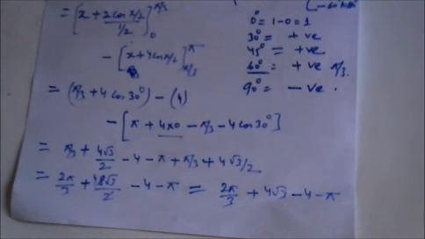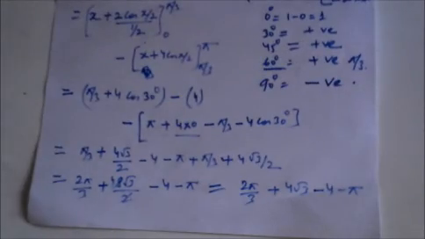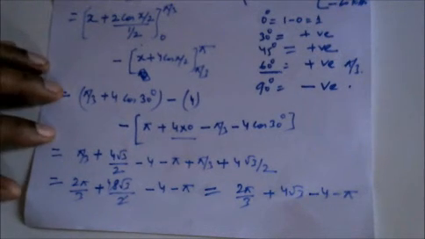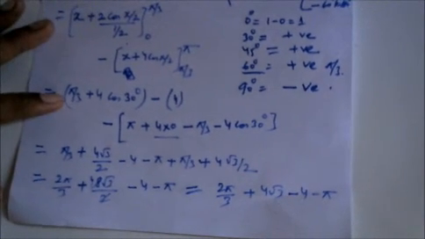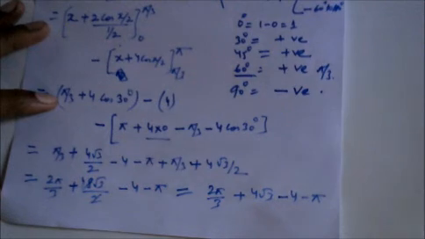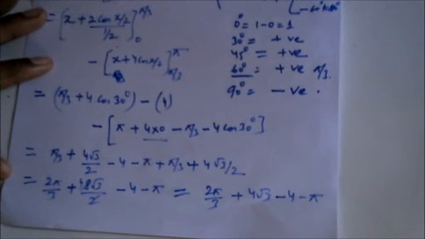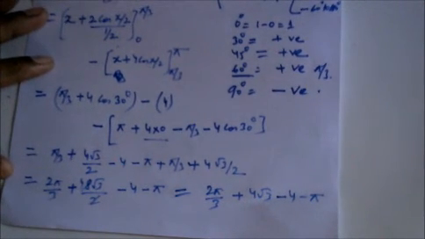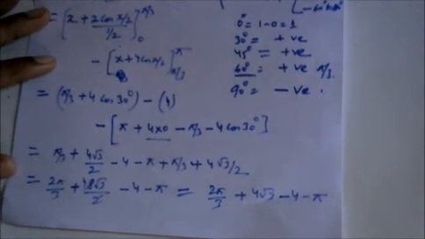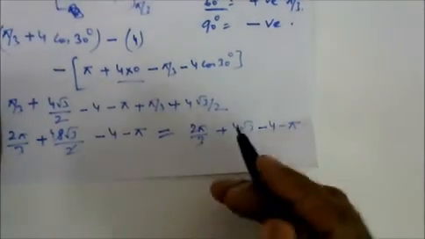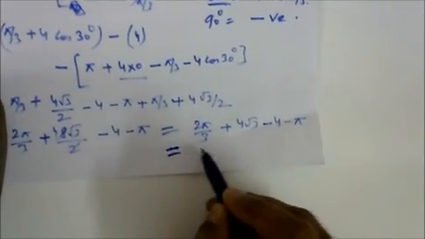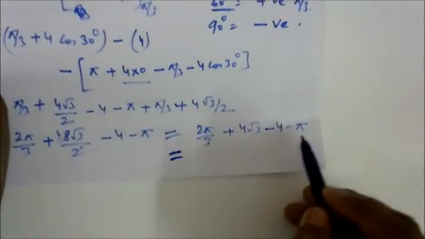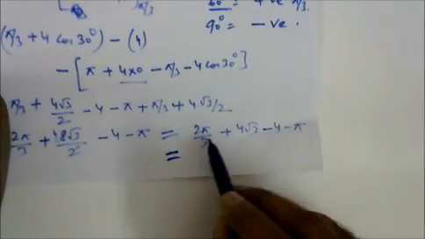Okay, so if we want, we should not put the value here. Okay, pi value we can leave as it is. Okay, right. So next this 2 pi by 3 and this minus pi, we will solve it.